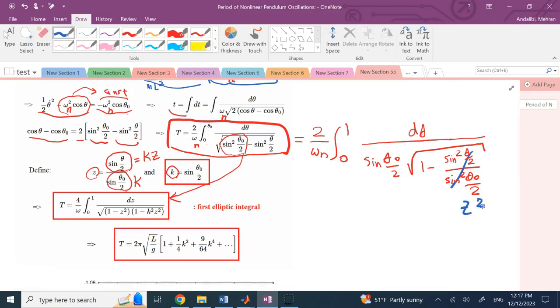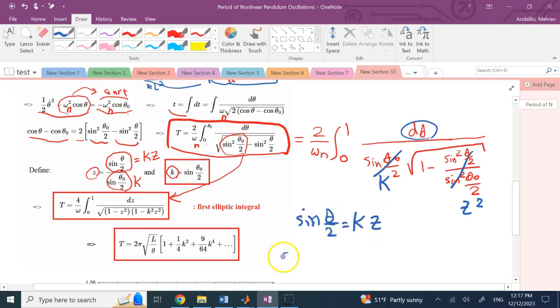What about the rest of it? So what is d theta? Here we have to find d theta, and remember, from this change of variable, sine of theta over 2 is equal to what? By the way, this guy is k. Sine of theta over 2 equals k times z. So what I can do is, I can take a differential from both sides.